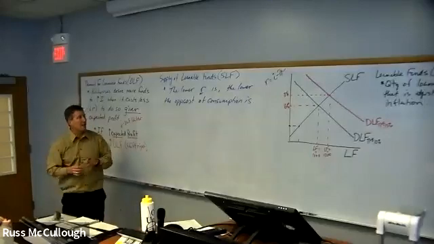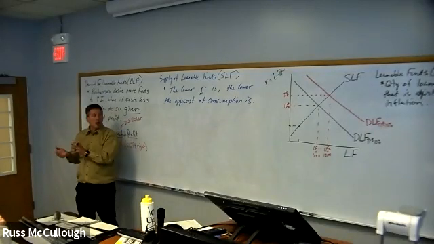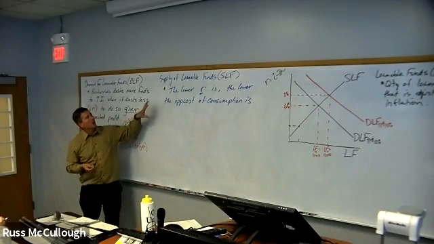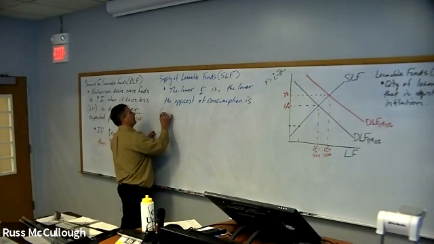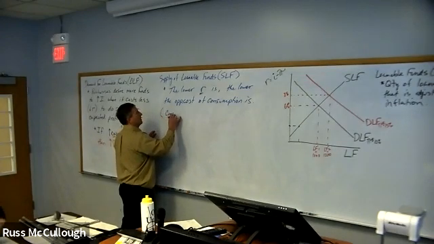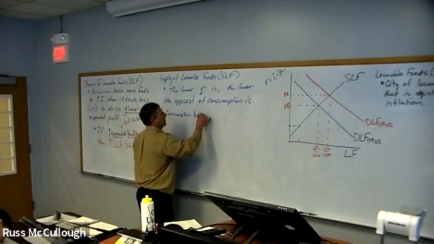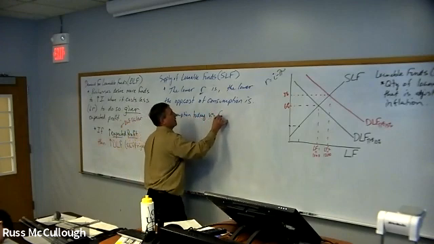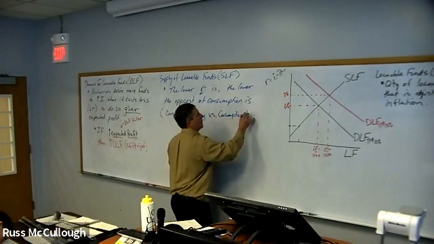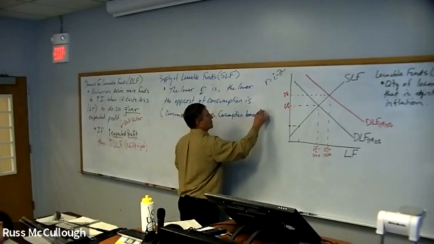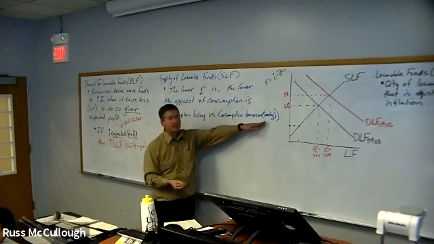So we're thinking about the trade-off between consumption today and consumption tomorrow. So let me put that in here, in parentheses: consumption today versus consumption tomorrow, which is the economist's fancy way of calling savings.